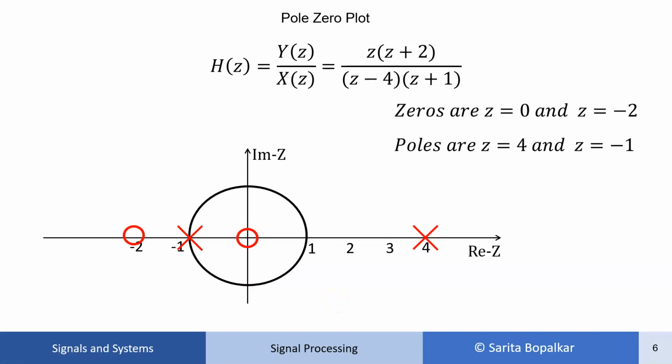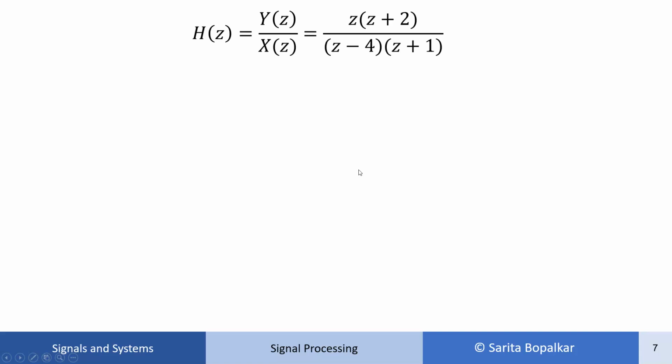Now we'll find the impulse response. For that, we have to find the inverse of this h of z. Impulse response is nothing but h of n. Whenever you are applying inverse z transform for partial fraction, we have to take h of z upon z.